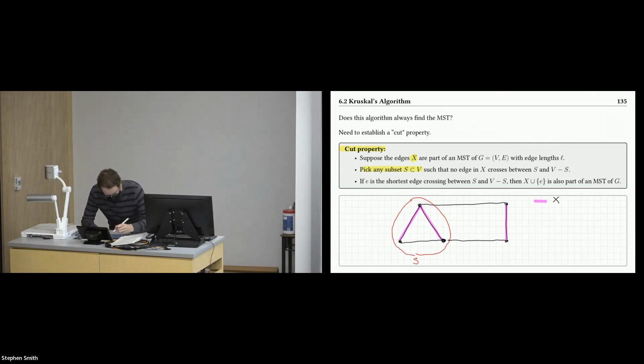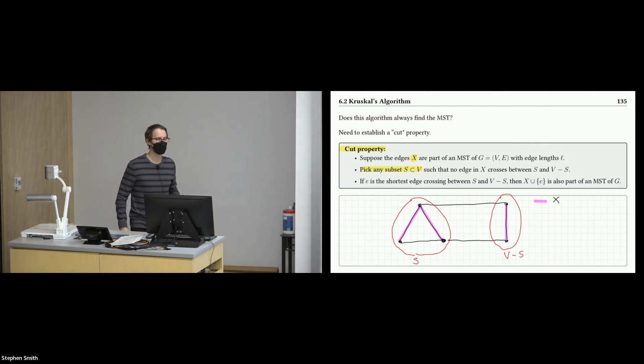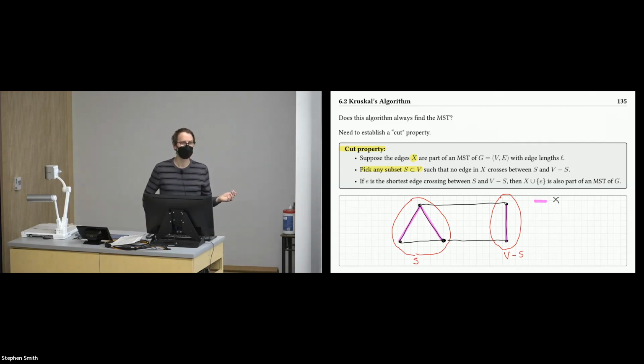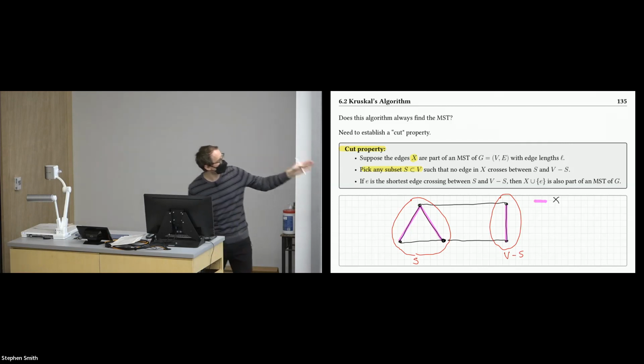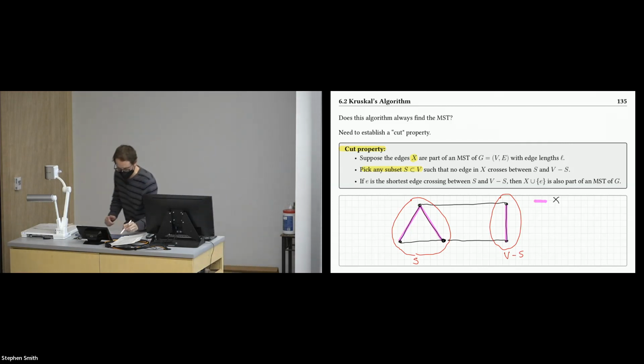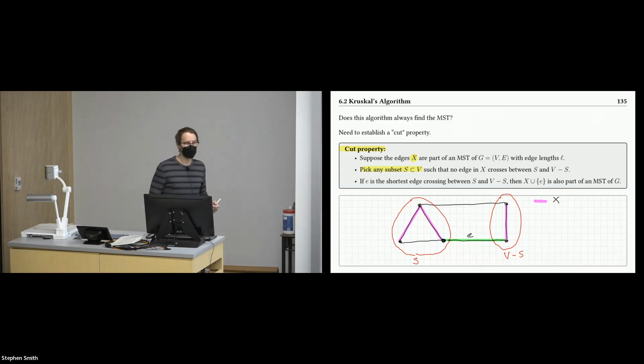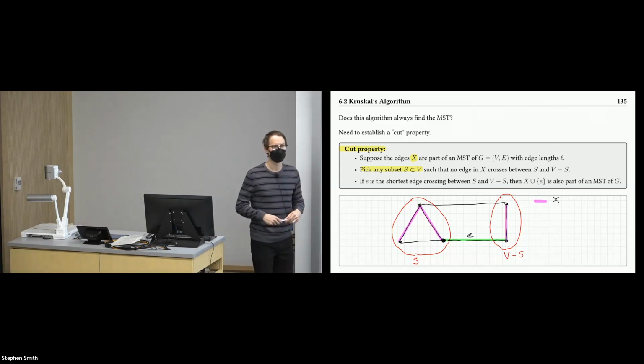That's S, and over here is everything else, V minus S. Now I take the shortest edge that crosses between S and V minus S. It's this one here. So let's call that E. And then X union E is part of an MST.